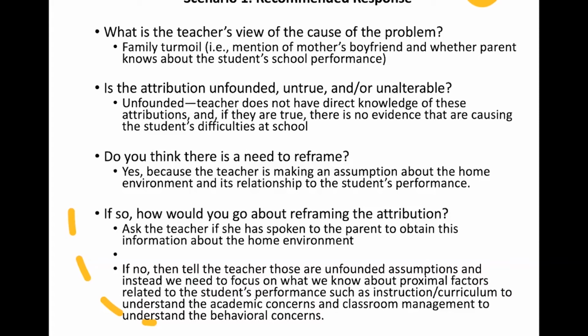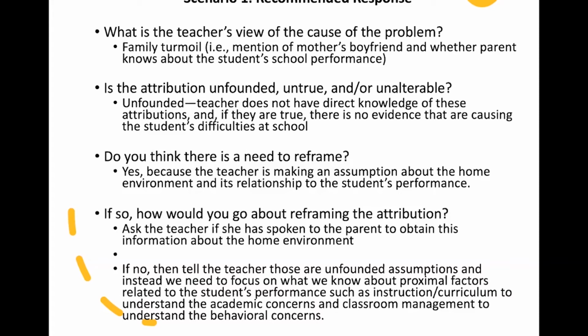Okay. Now, when that happens, that is an example of a deficit-based attribution. And is it true? Is there something going on at home? Is there actual family turmoil that's creating behavioral challenges for Robert at the school? We don't have any evidence that that's true.